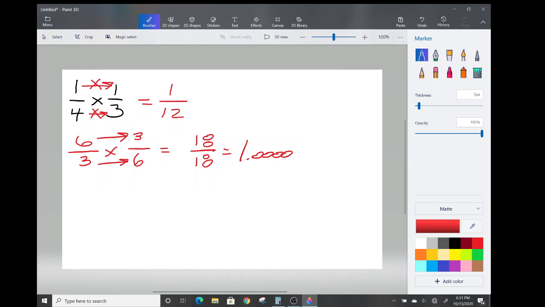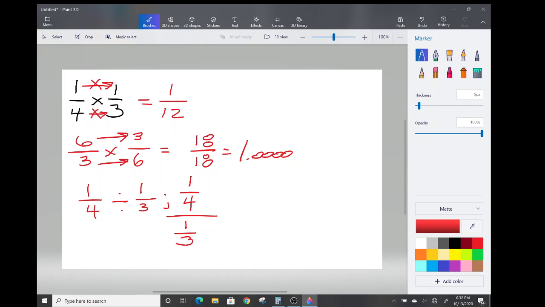So let's do division. Let's say we want to divide 1/4 by 1/3. That's the division symbol. Now that's the same thing as saying 1/4 divided by 1/3. Yes? Right? So what you do is you take the reciprocal of the denominator.